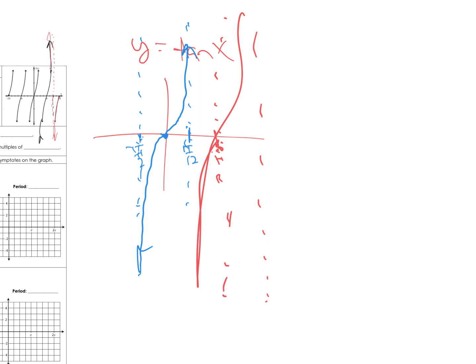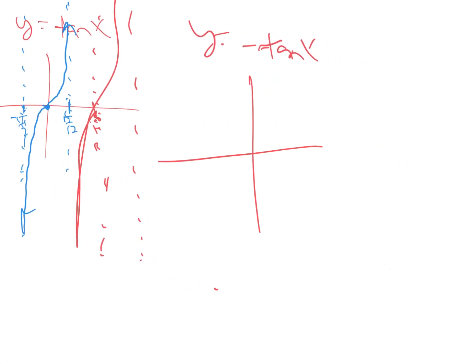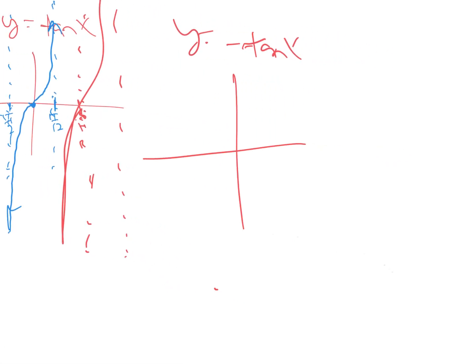Okay? So here is y equals negative tangent of x. Again, if you've learned nothing else, I want you to see my one period. From pi over 2 again, negative pi over 2, vertical asymptotes. What's the difference? It flips. It comes from the top.